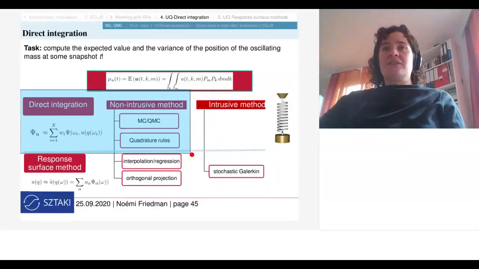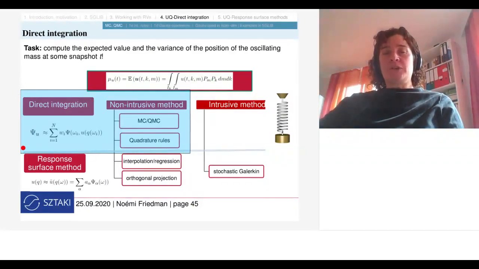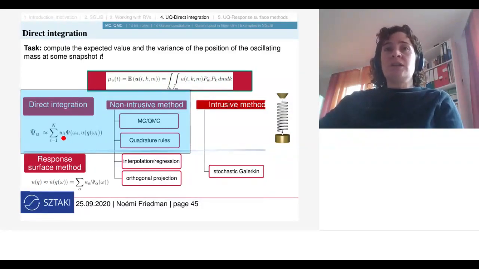So we are still in the uncertainty quantification part, in the forward problem. And what we saw is that if we have some response U and we want to see how the uncertainties of some parameters, let's say the stiffness and the mass, are propagating through the solution U, I can compute the mean value with an integral term, and I can approximate it with a numerical integration.